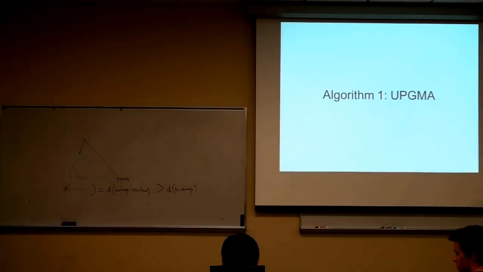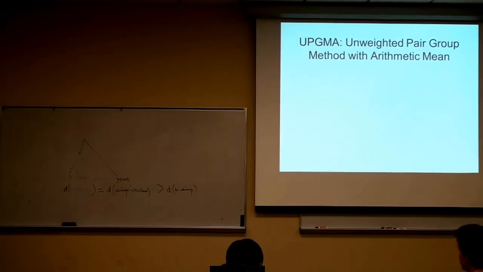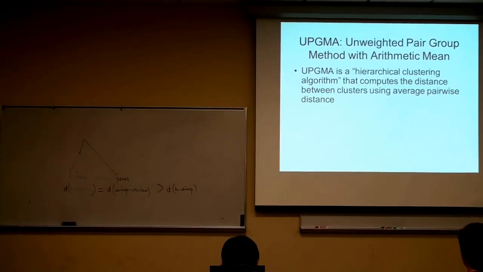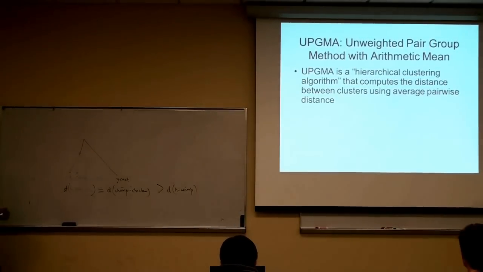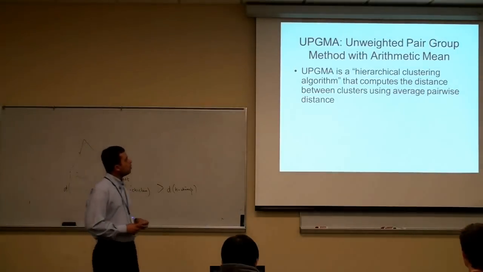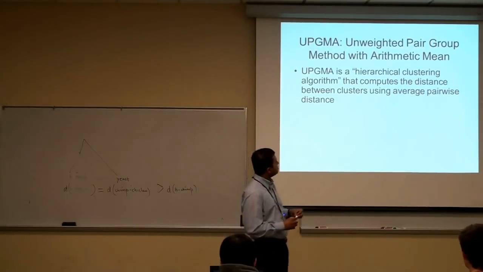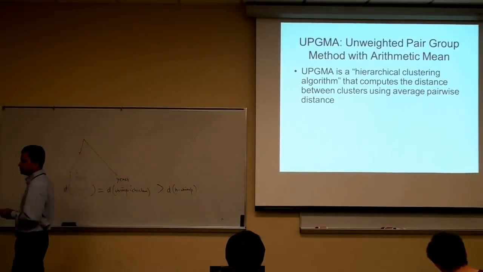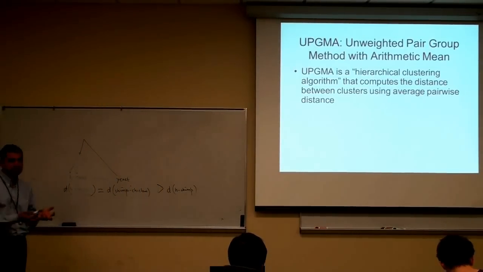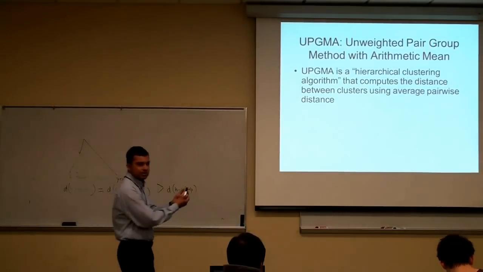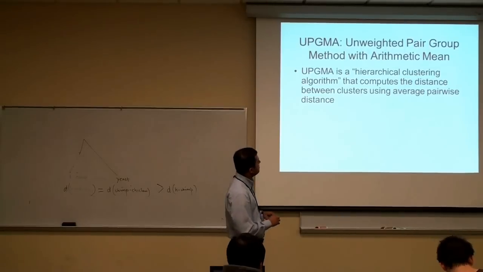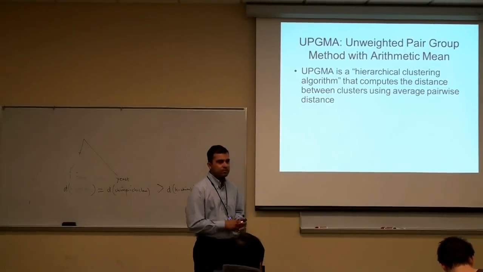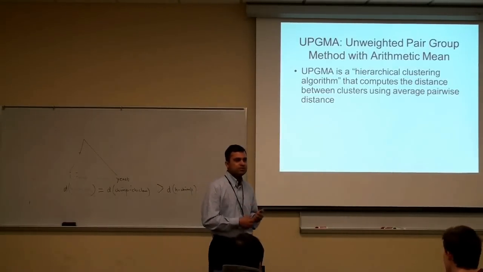It's called UPGMA, and I forget. So here's the full form: unweighted pair group method with arithmetic mean. So what is it? It's the hierarchical clustering algorithm we saw, with the distance between clusters being defined as the average pairwise distance. You're all fresh off from homework 4, where you did this, except that the distance matrix you probably, I don't remember what detail, maybe I said it should be the minimum distance.